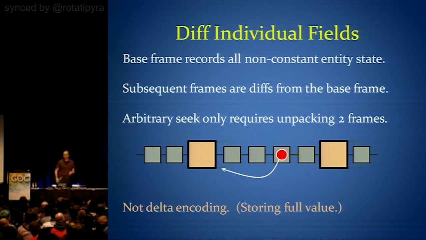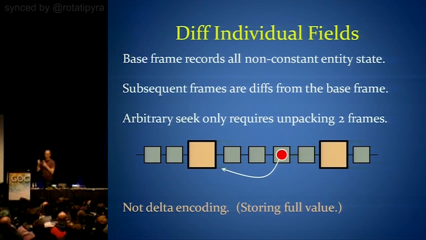Now, when I say diffs here, I'm not actually doing delta encoding as people do in compression a lot. In delta encoding, if the value used to be 100 and now it's 100.5, you store plus 0.5 and it's usually smaller, right? But I didn't do that because I didn't want to worry about rounding, accumulation of error, or any of that. I wanted to be very, very clean, so I just store 100.5 or whatever.